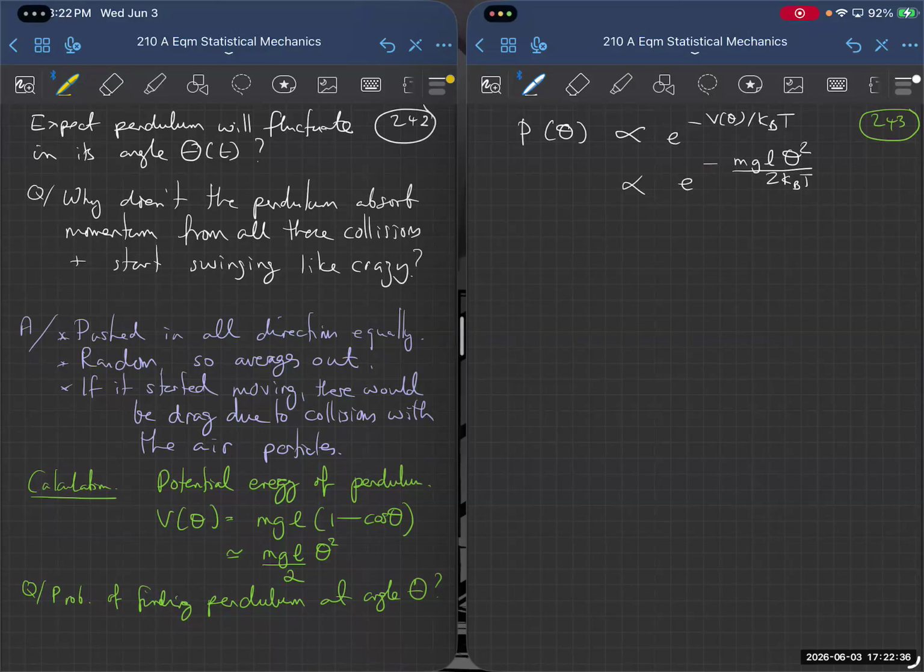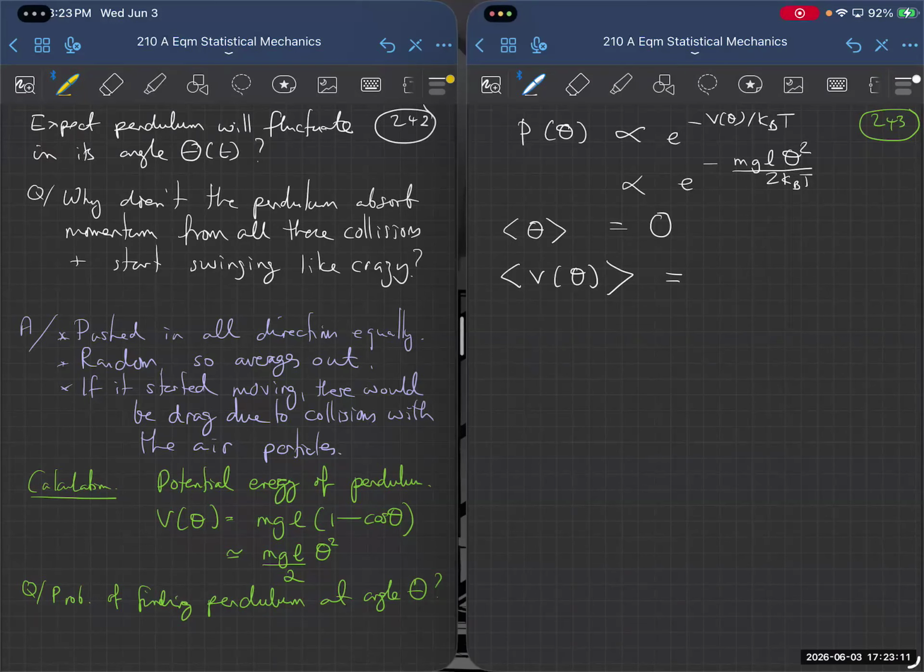If I know that, then I know what the moments are. The first moment, the mean of theta, is going to be 0 because it's a quadratic function. If I were to calculate the expectation value of V of theta, that is the term in the Hamiltonian, I can calculate this using which theorem in equilibrium statistical mechanics?